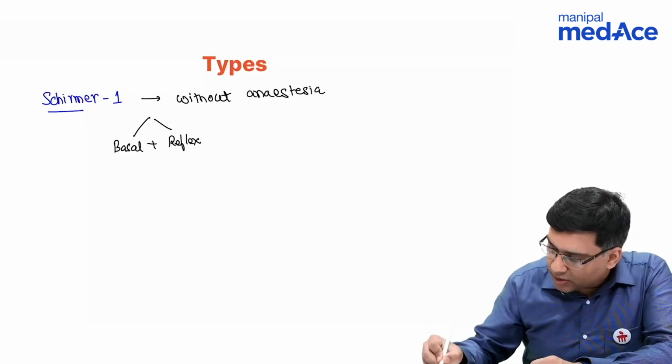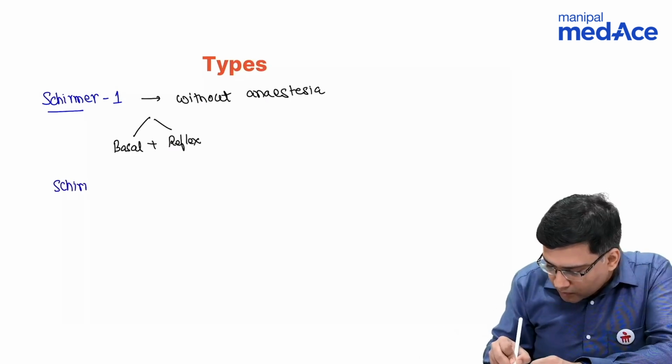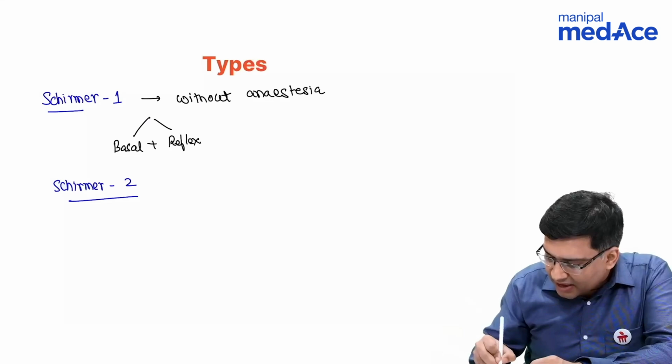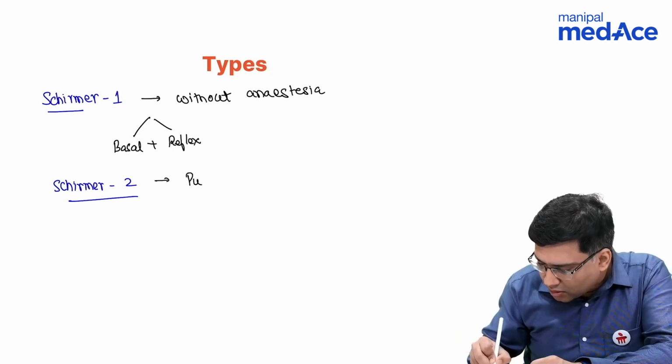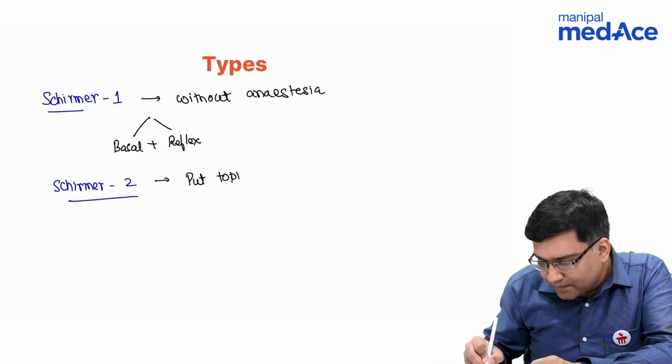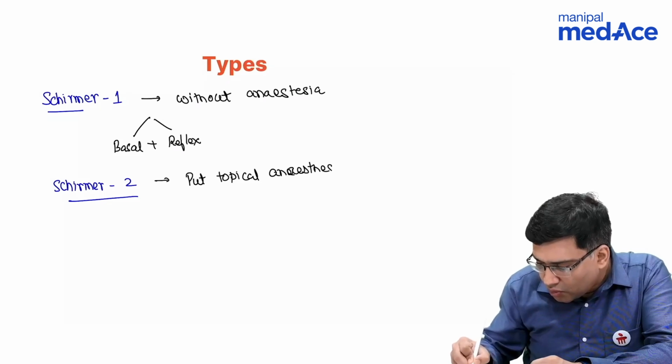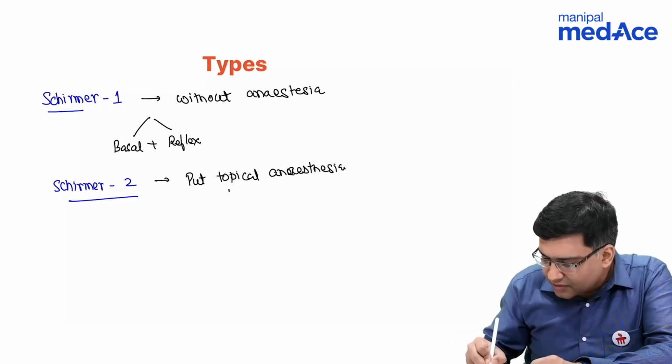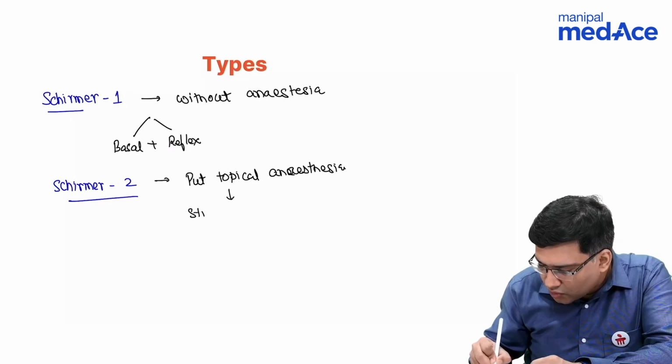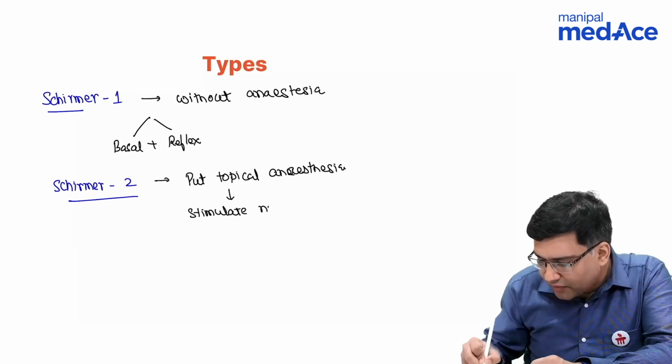So what is Schirmer 2? In Schirmer 2, what we do is we put topical anesthesia inside the eye. After this, we stimulate the nose with a cotton wick.